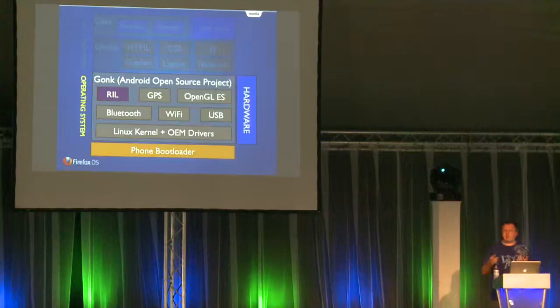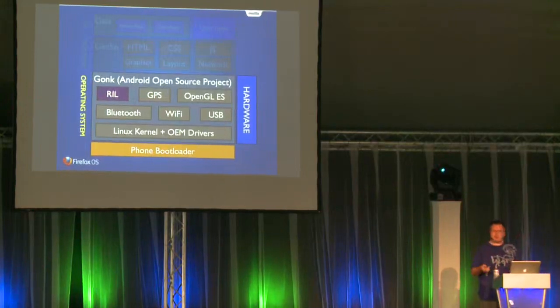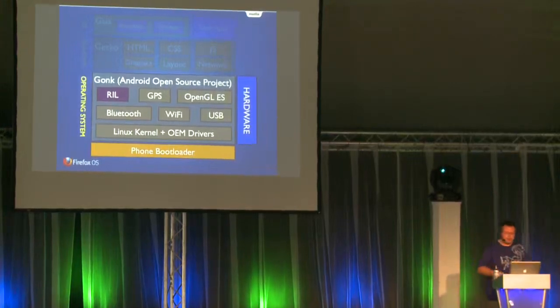As soon as the Linux kernel boots, it also loads a bunch of OEM drivers, usually for the screen or the GPU. Some of these are open source, some are closed source. It's a bit unfortunate, but that's just how the world works. And as soon as Linux has booted, it starts all kinds of services that the computer needs, like network and USB and Wi-Fi, the GPS, and it makes libraries available to, for example, do OpenGL ES and talk to lower layers of the OS.